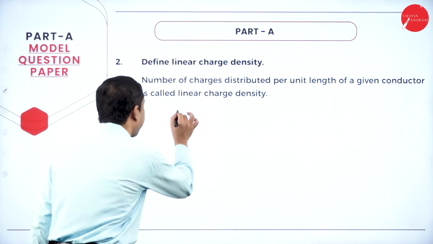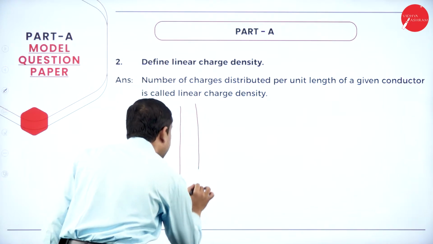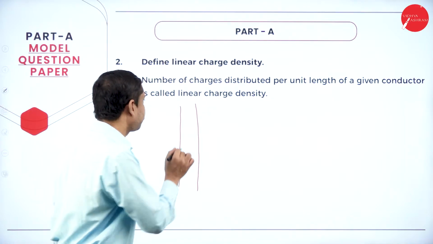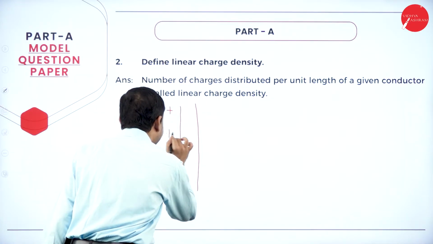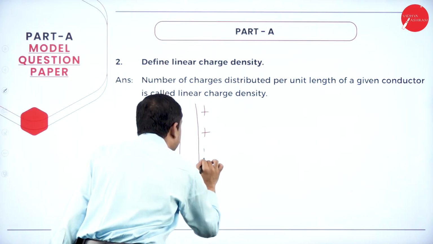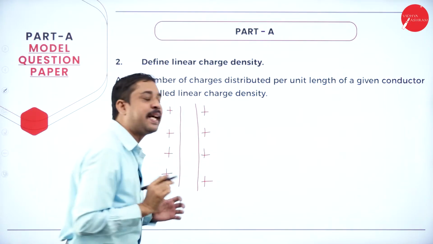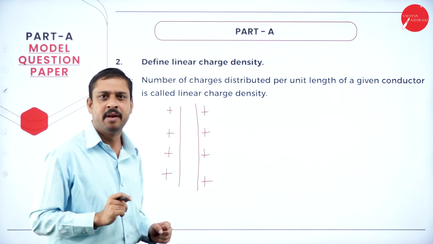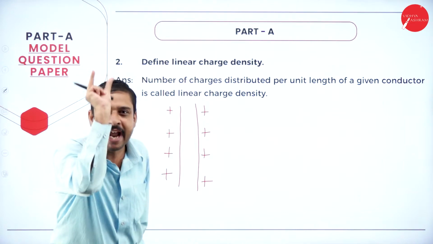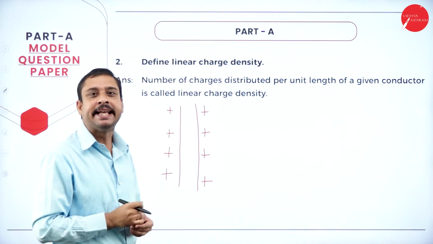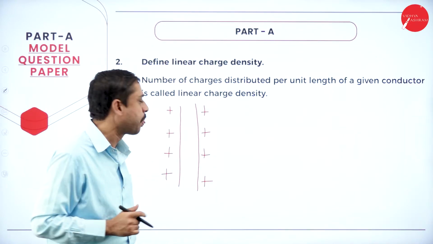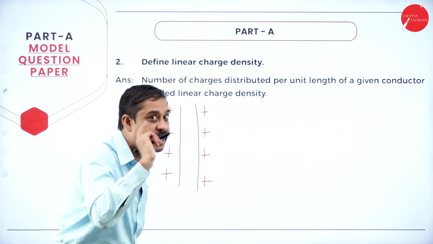Very simple. I will consider a straight conductor, a straight wire which is carrying charges of certain length. Straight conductor carrying charges and of certain length. Now follow very carefully.